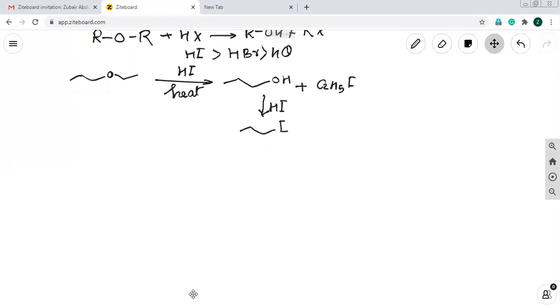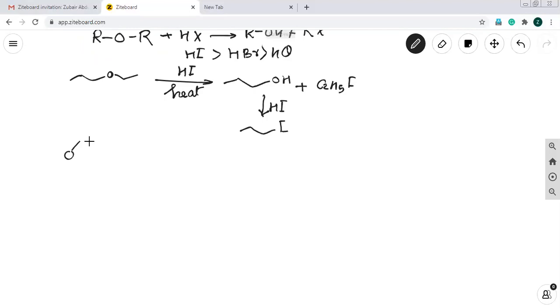Certain important compounds known as crown ethers. Now, what are crown ethers? Let us see. Ethers with cyclic rings containing more number of oxygen atoms. See, for example, look here.